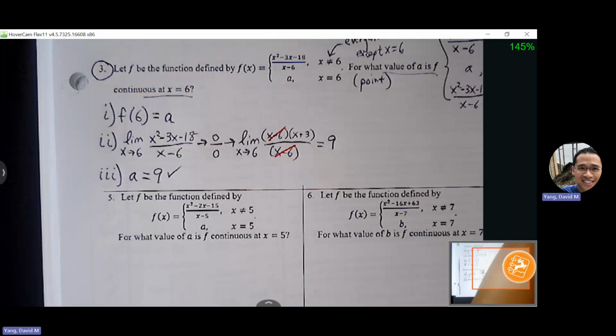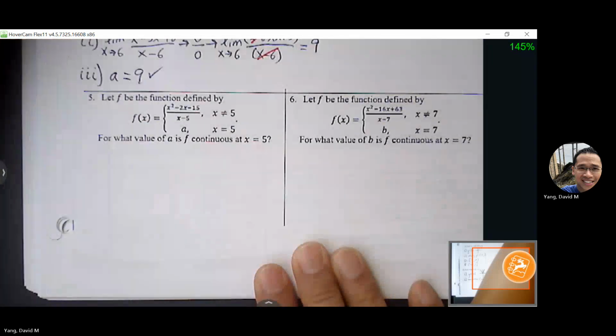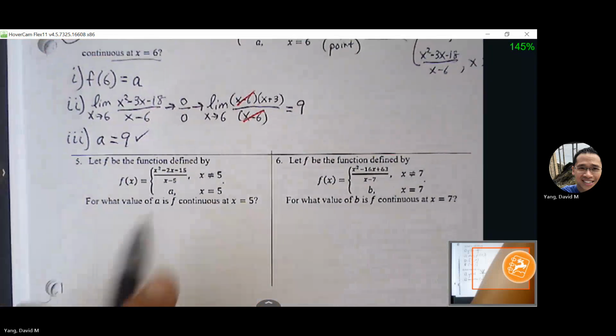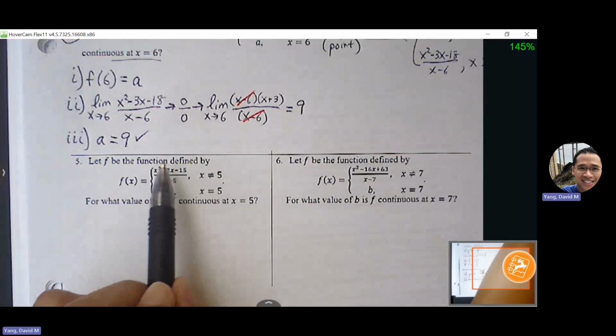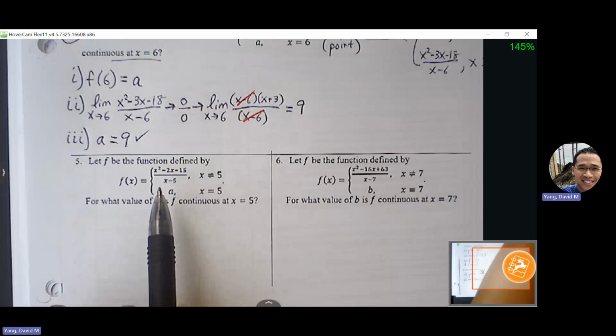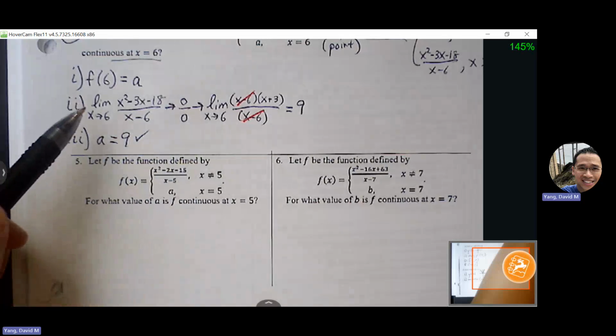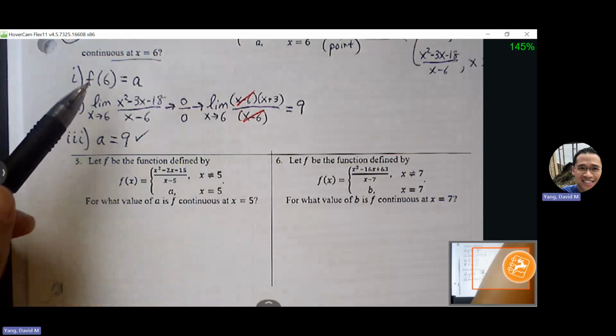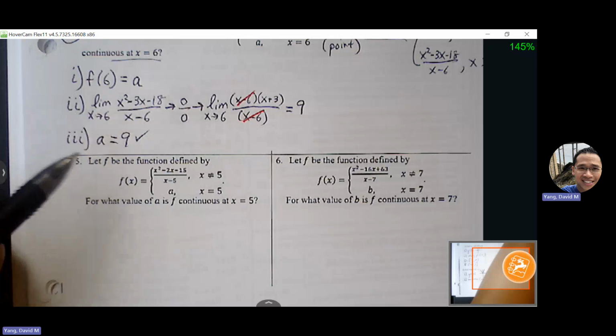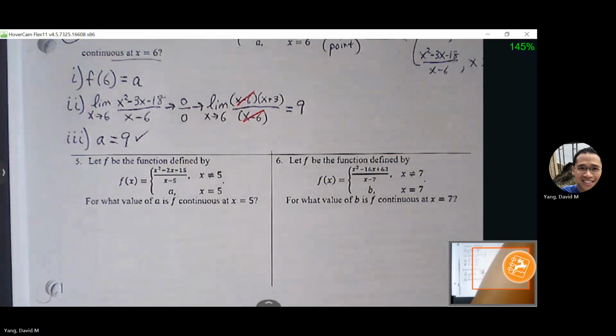Okay, let's try that strategy for number 5. Again, this is the same function defined on either side of 5. There's no need to do one-sided limit. We can just find the ordered pair, evaluate the limits, and then we can solve for a.